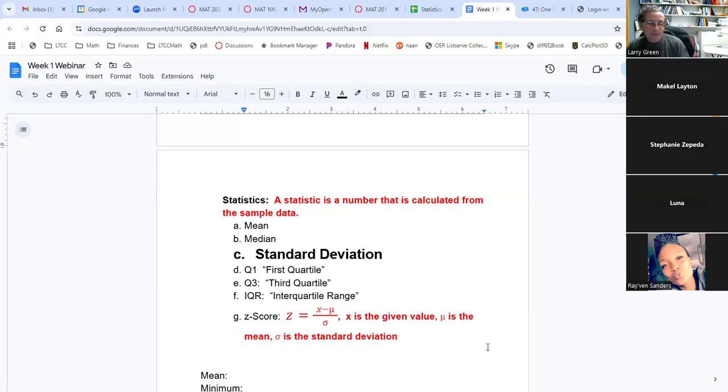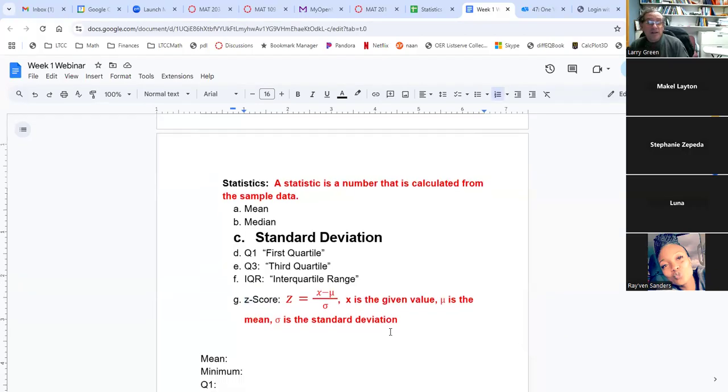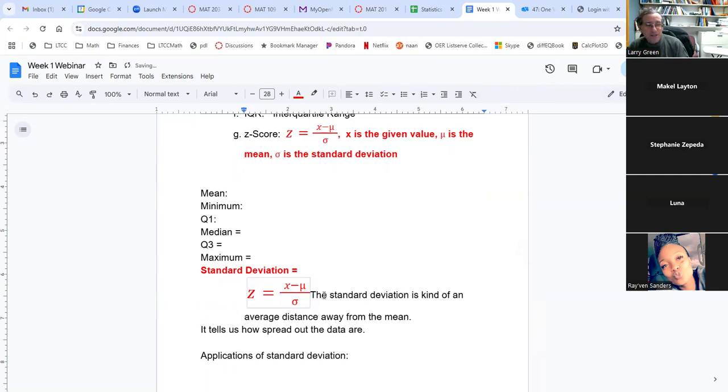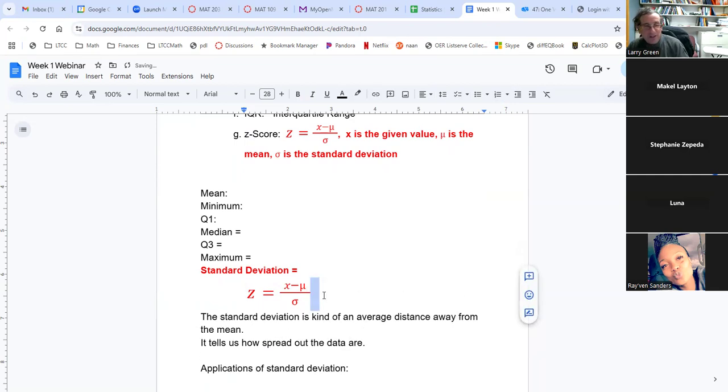Okay, so I listed a bunch of these. There's another one that's important that's called the z-score. And by the way, there's all these other ones that we already talked about. The z-score has a formula, and that is x minus mu over sigma.